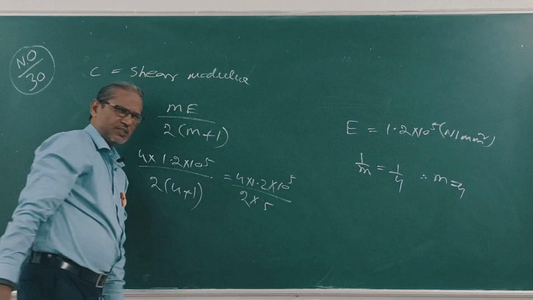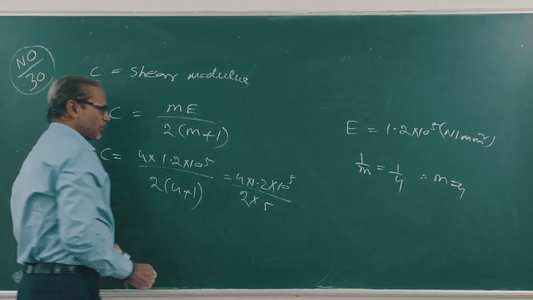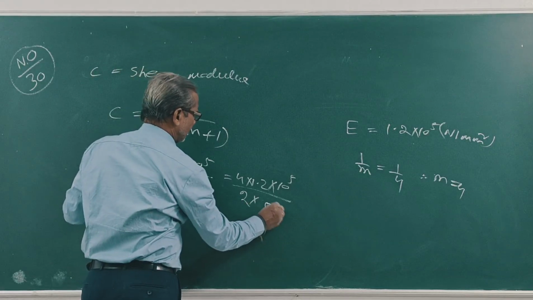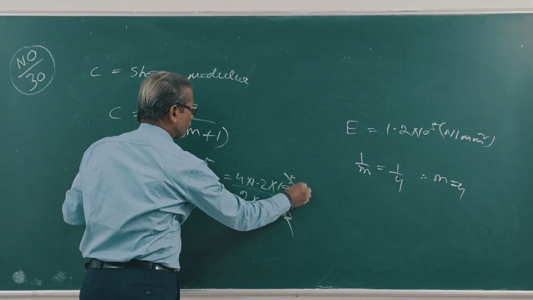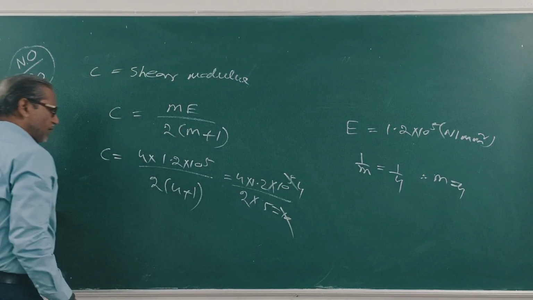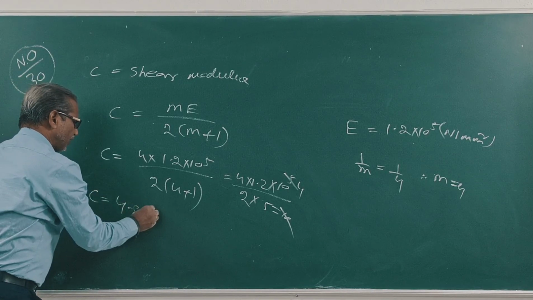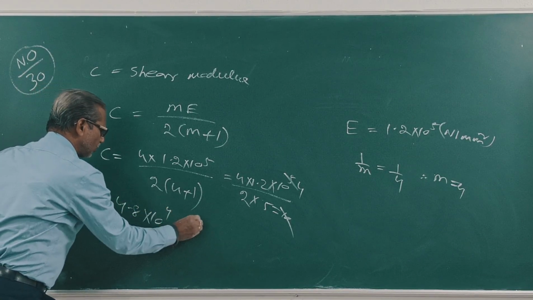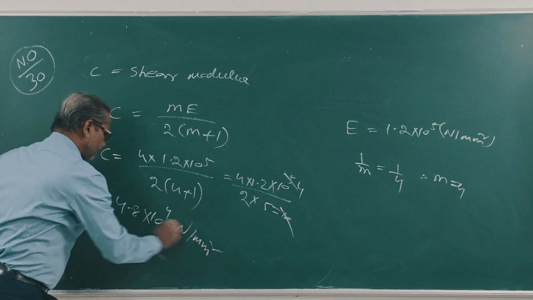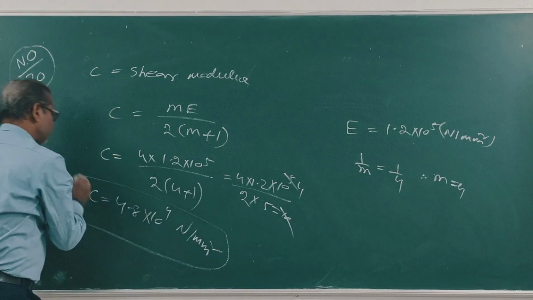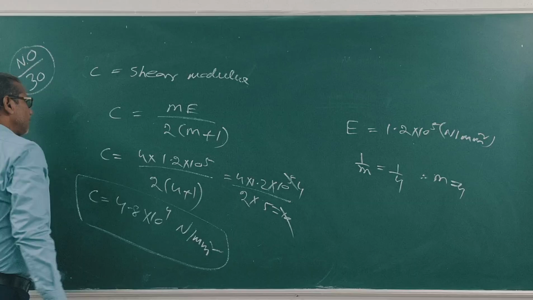This is 10, so this cancels out. So 4.8. C is equal to 4.8 into 10 to the power 4 Newton per mm square. This is C. Right?